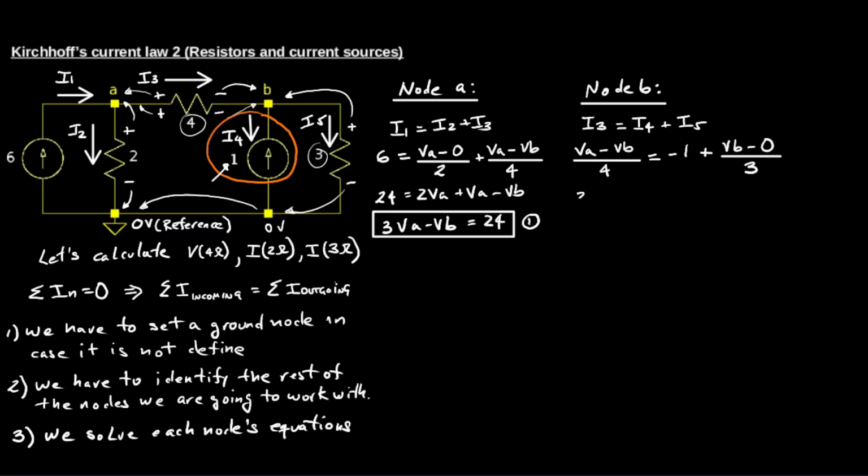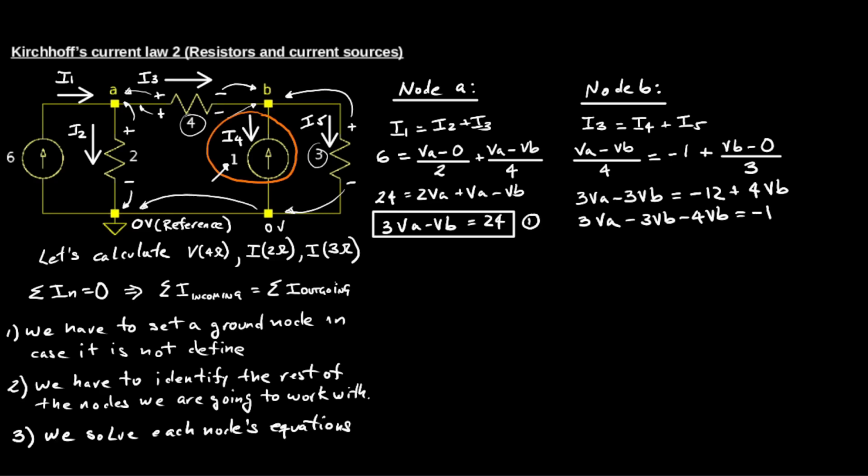Okay, so by using Ohm's law, I can get that I5 equals VB, which is the voltage at the positive node of the resistor, minus V0, which is the voltage of the negative terminal of the 3 ohm resistor, divided by 3. Okay, so by solving this second equation, I can get the resulting equation you are going to see right now.